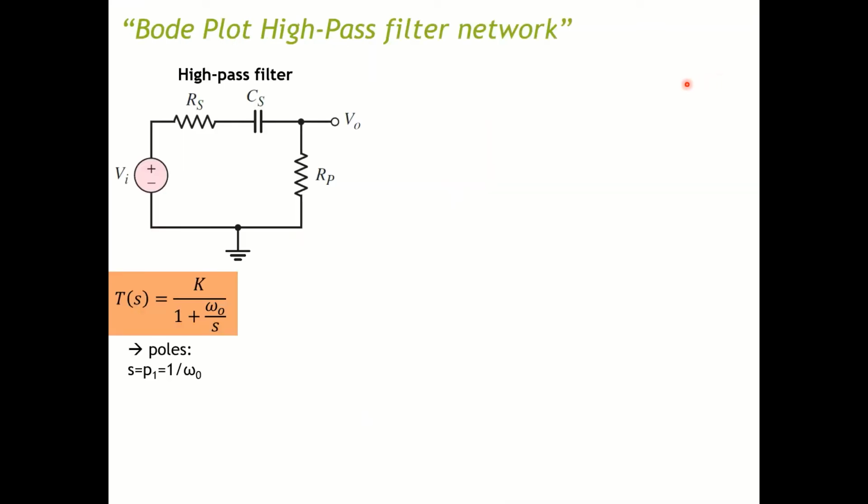So next, let's find the Bode plot for our high-pass filter network. I put the high-pass filter circuit here, and this is the canonical form for our transfer function. What I do next is multiply both the numerator and denominator by s over omega naught. Then I substitute s equal to j omega.